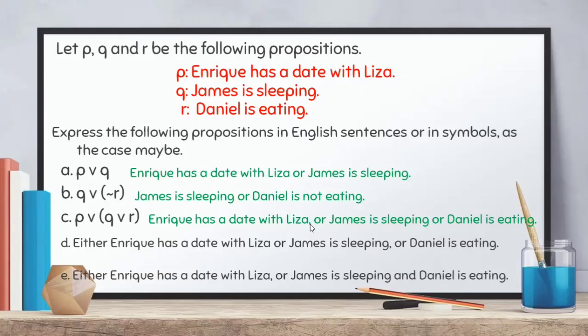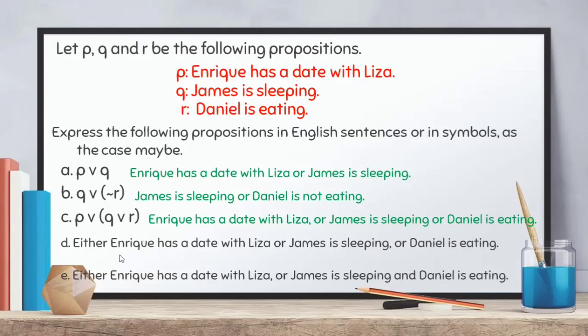To indicate that this proposition is not included in our group of two propositions here, okay? Then, of course, we have your or, then followed by our propositions inside your parentheses. James is sleeping or Daniel is eating. Right? So again, you're going to place a comma here to indicate that this is the first proposition and it's not included in the two propositions Q and R.